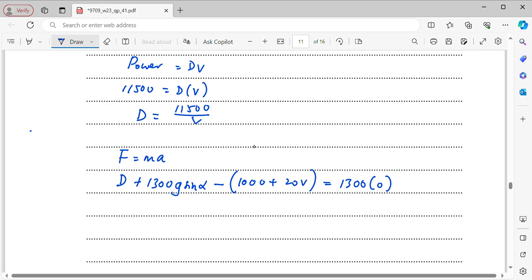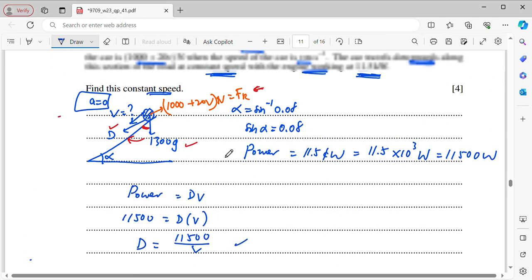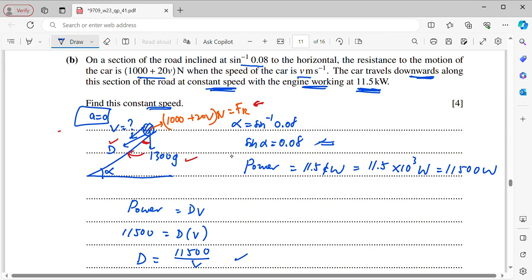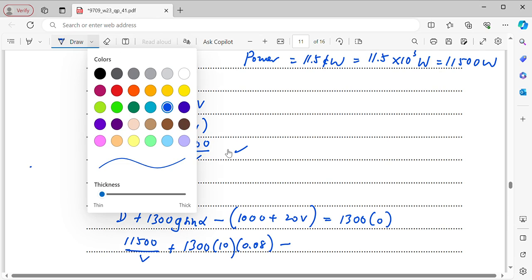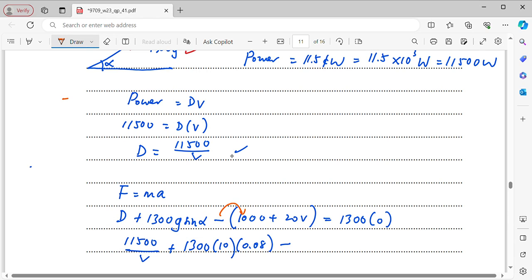So the m is 1300, the a is 0, because it's mentioned constant speed. So now my d is 11,500 over v, then plus 1300, the g is 10, sine alpha. Okay, sine alpha is given here, which is 0.08. Then now this minus, you times into the terms inside the bracket.